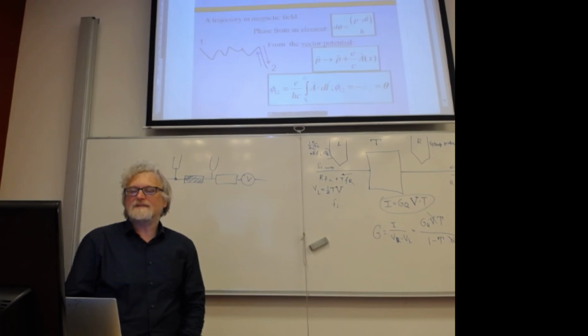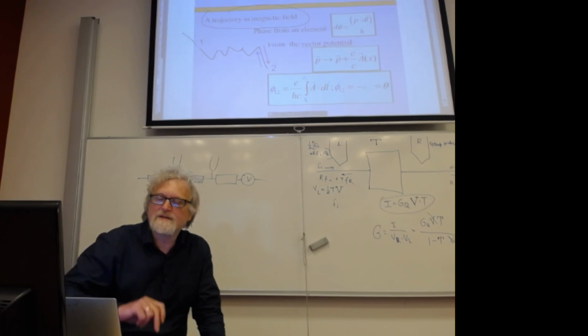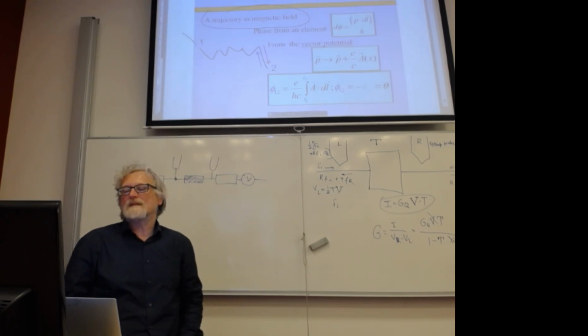The complementary phase is acquired in a magnetic field. How does it do so? We look at a certain trajectory in the magnetic field. Again, the electron goes from 1 to 2.